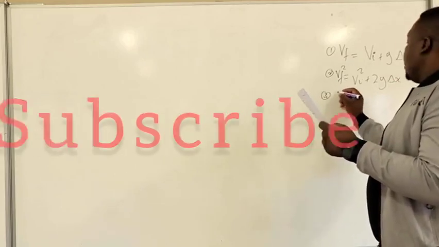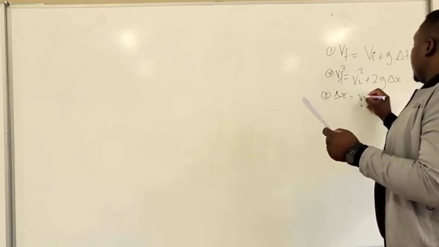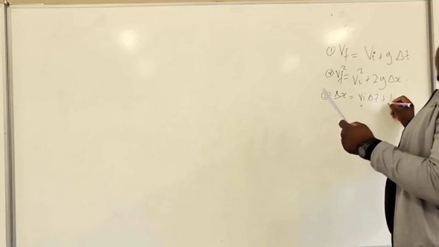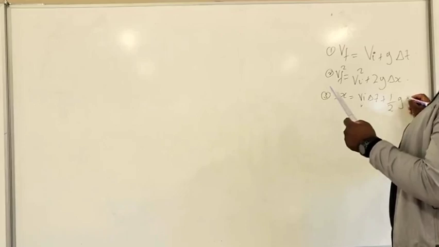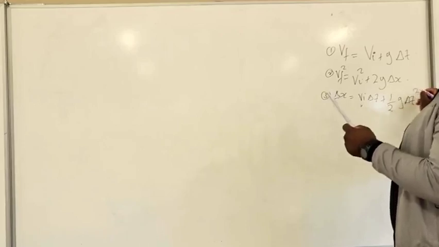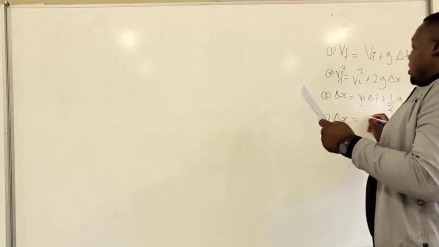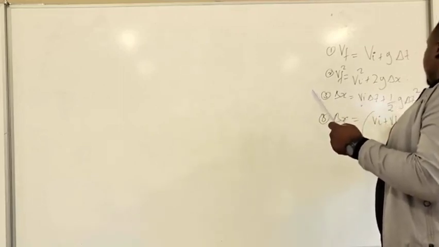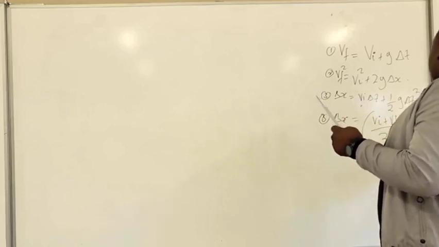Number 3, displacement is equal to initial velocity Vi multiplied by change in time plus half G, gravitational acceleration, time squared. The last formula, displacement is equal to the initial velocity plus final velocity, all divided by 2, multiplied by the change in time.